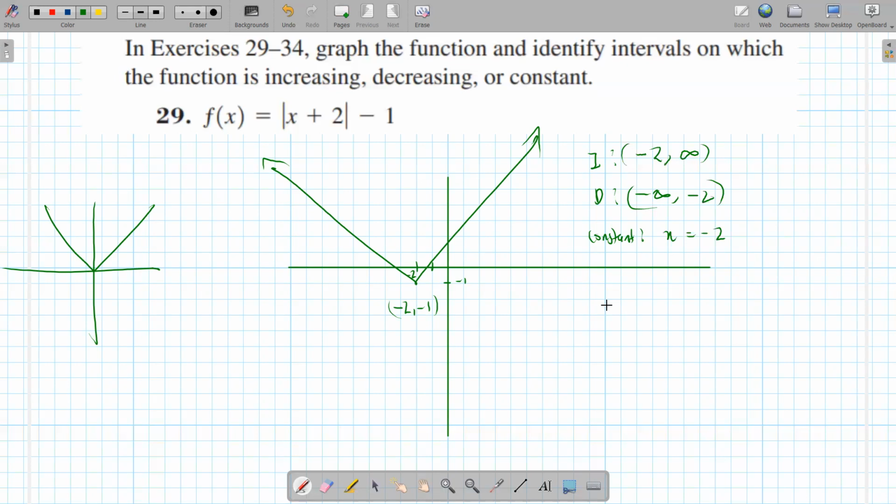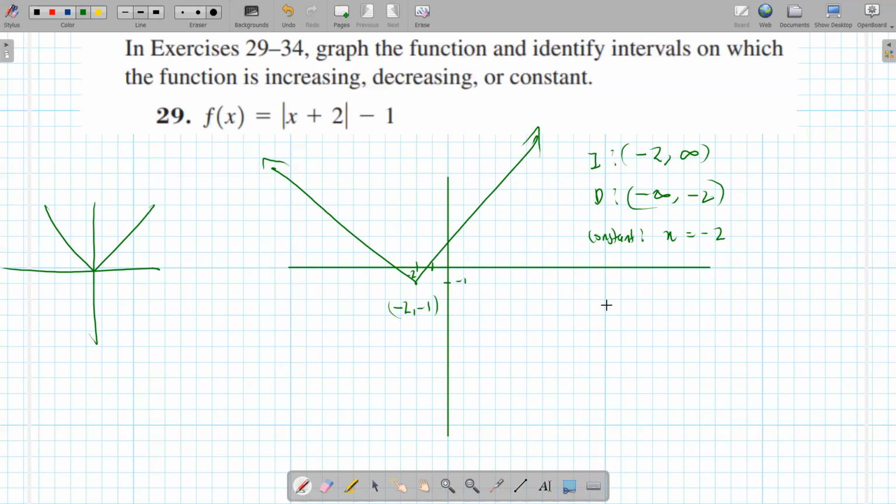So this shifts a bit, so it becomes -2 and -1. Increasing. Decreasing to -2.